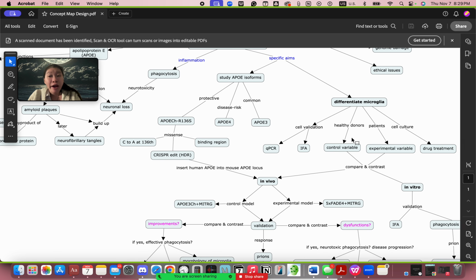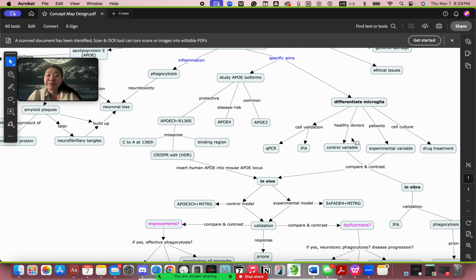Furthermore, the derived microglia can be transplanted into disease brain models to compare and contrast the functional and morphological changes of microglia in vivo.